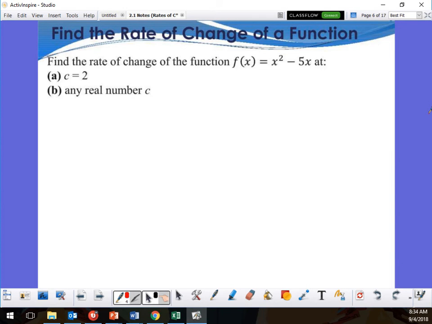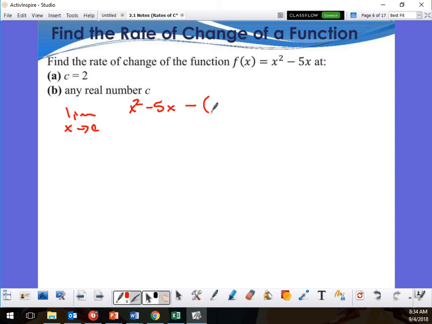Okay, so if I'm doing the limit as x approaches c, my c value, which is going to be 2, it's going to be x squared minus 5x minus my f of 2.